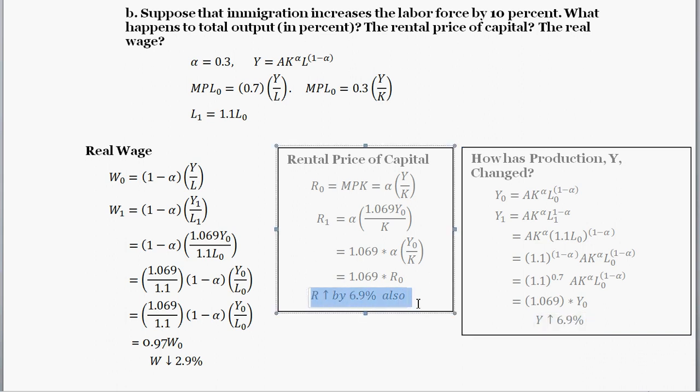And then the rental rate of capital, you can think of maybe capital as a complement to labor in the production function. So if you remember complements from intro to micro, a classic complement might be hot dogs and hot dog buns. What do you expect to happen to the price of hot dog buns if the price of hot dogs goes down?